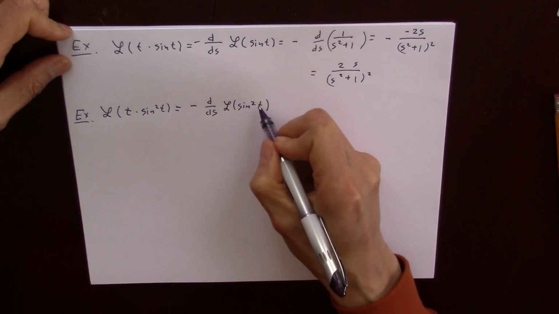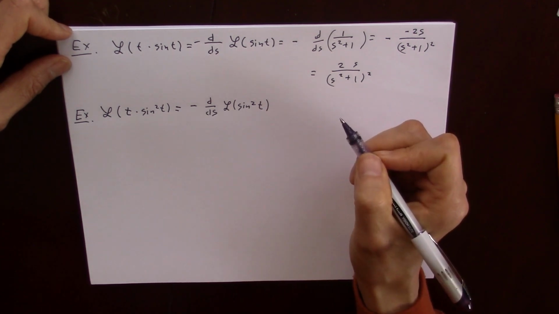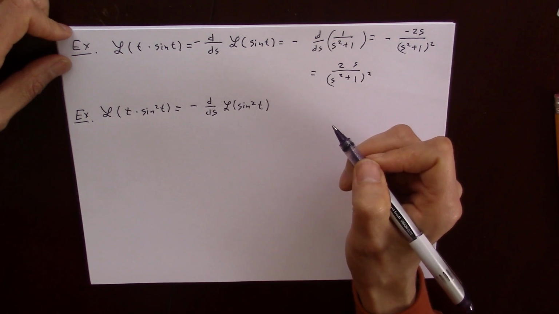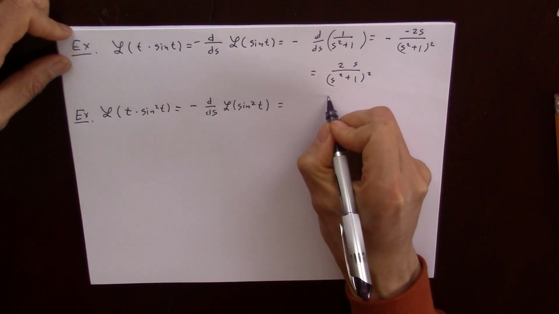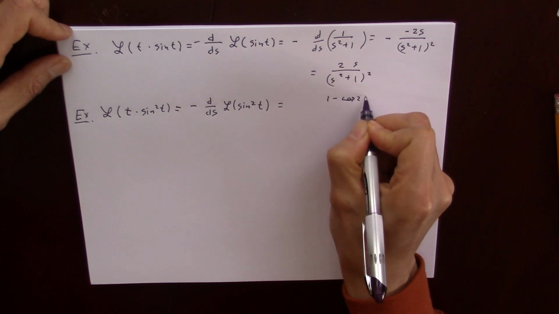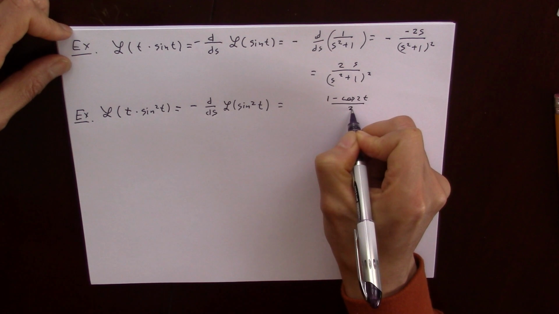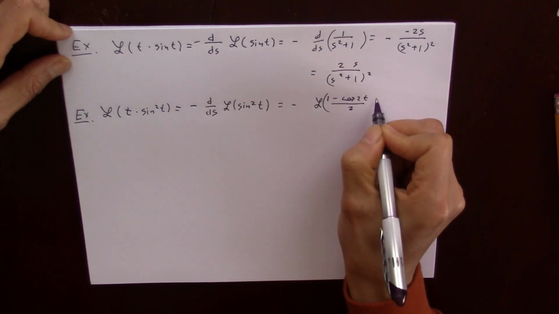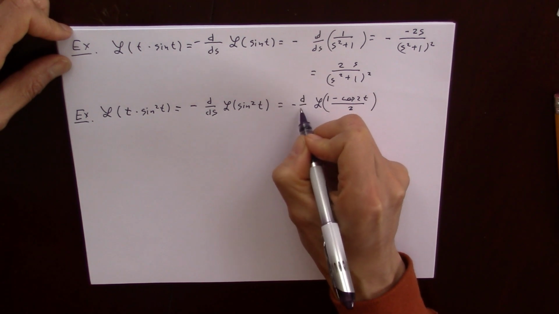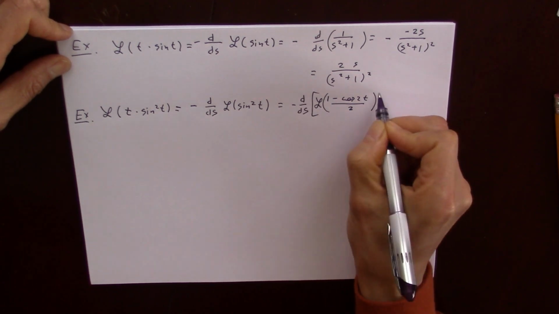To find derivative of Laplace transform of sine squared, we rely on a trig formula which says that sine squared equals 1 minus cosine of double argument over 2, and we take Laplace transform of that expression, and then we take derivative of that Laplace transform expression.